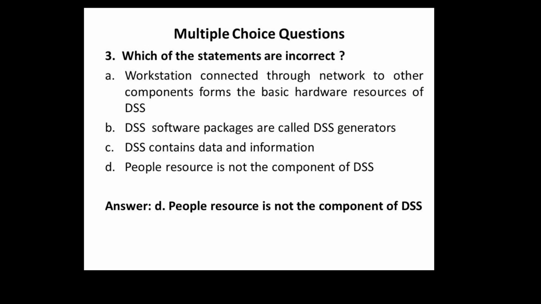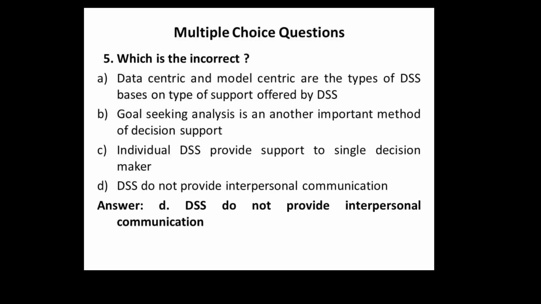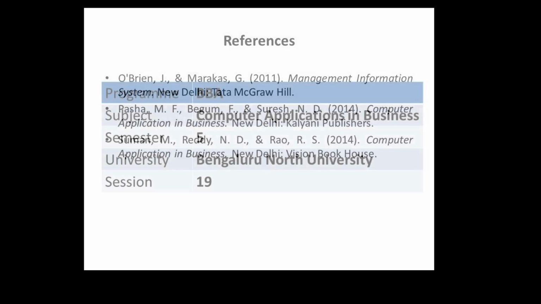So answer D is an incorrect statement. Next is DSS activities consist of data retrieval, data analysis, simulation. Of course, all of the above is the answer. Which is the incorrect one? Answer D is the incorrect one. DSS do not provide interpersonal communication. So these are all the few references. Thank you.